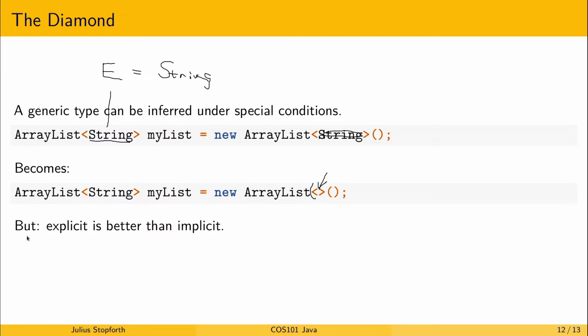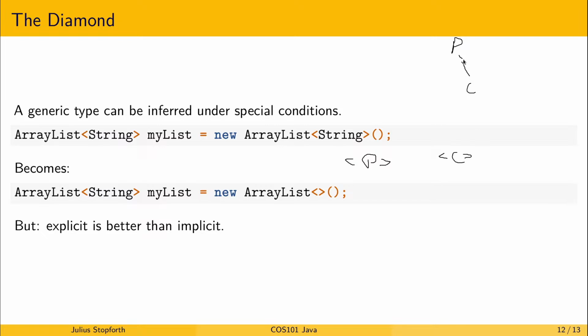However, the age-old adage that explicit is better than implicit applies, so it's a little bit better for documentation that we know what type this is. And why do I say that? Well, if we had something like a parent class that a child class extends, we might say that our parent array takes people, but when we create a new ArrayList, we want to create them all of type child.